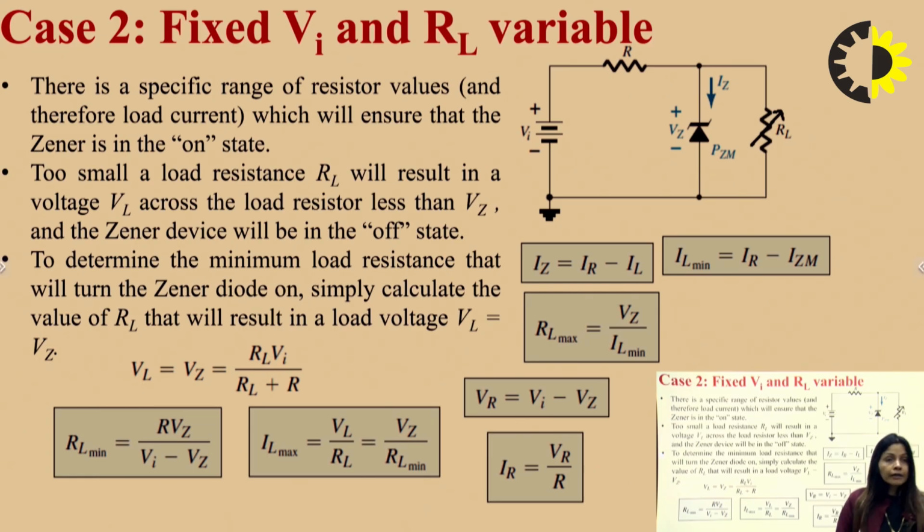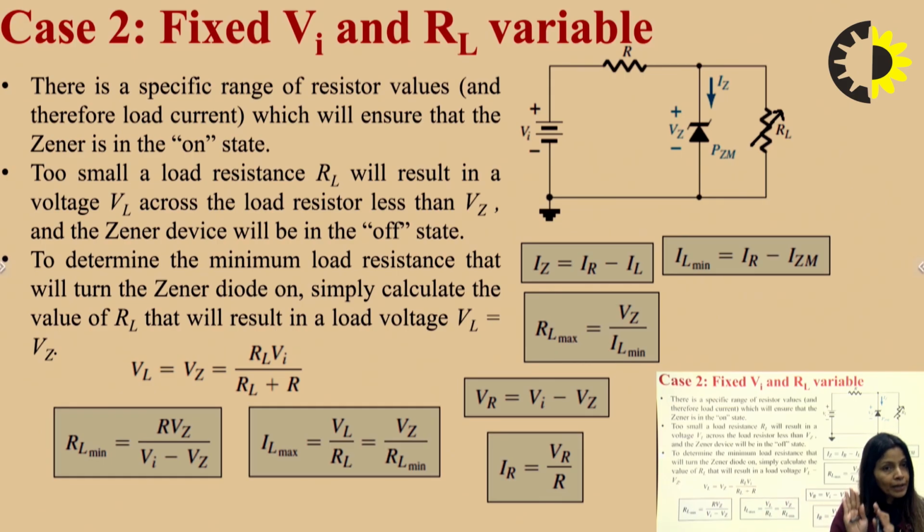So this part we have already assumed while solving the numericals of case 2 and case 3. If the Zener diode is working, then it must be in the form of a battery, a fixed VZ voltage battery.